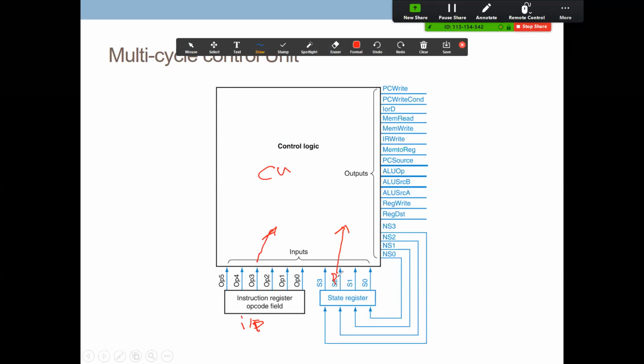This is my present state. From the present state, I have some logic that calculates what my next state is.